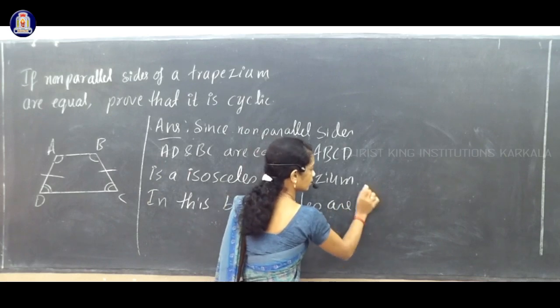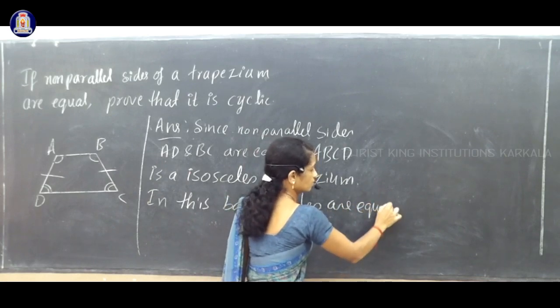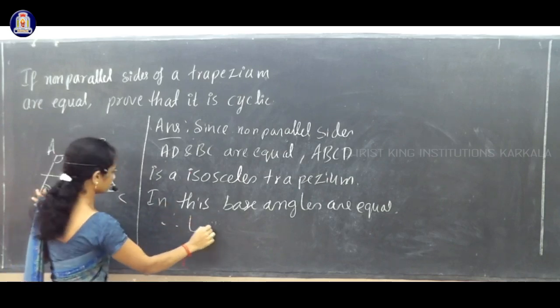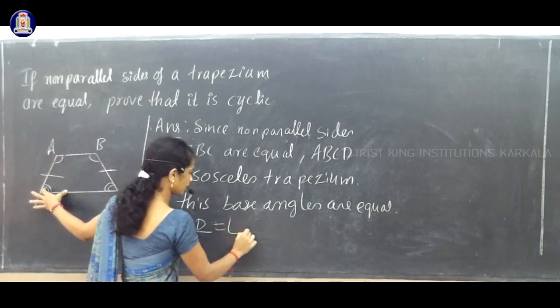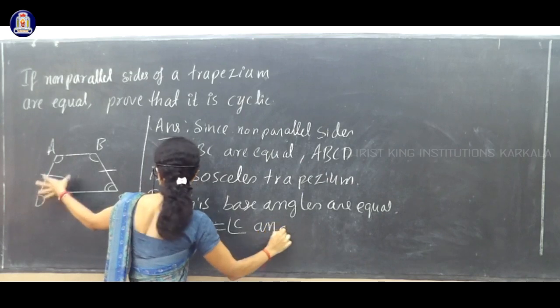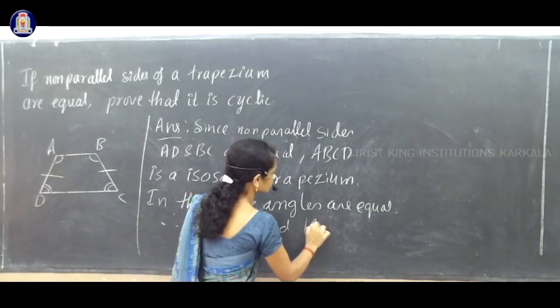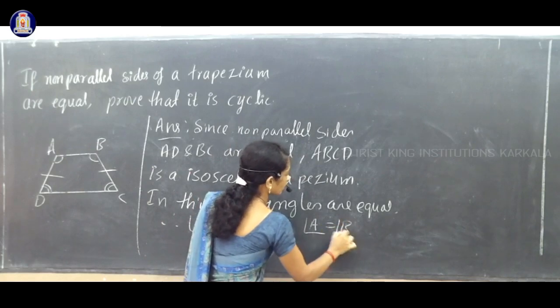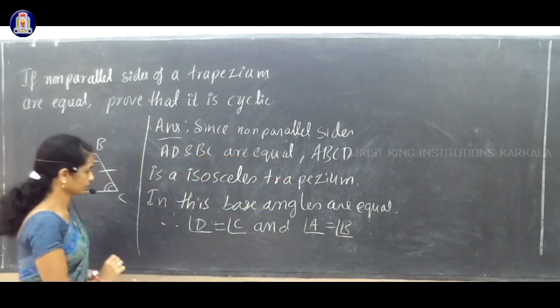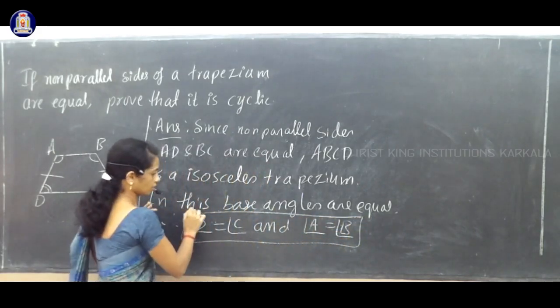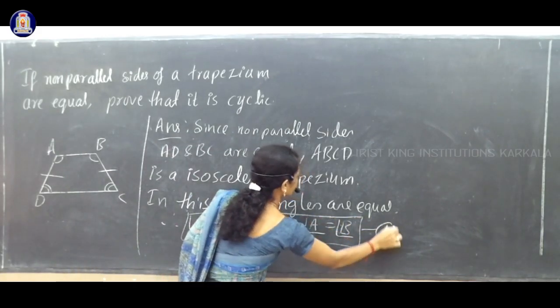Therefore angle D and angle C are equal, and if you invert this figure, A and B come in this place, so they are also equal. Angle A is equal to angle B, and I'll take this whole thing as equation 1.